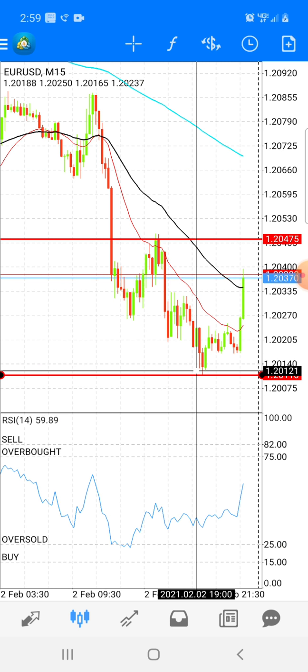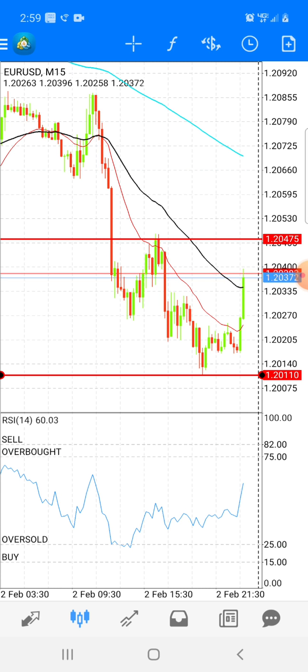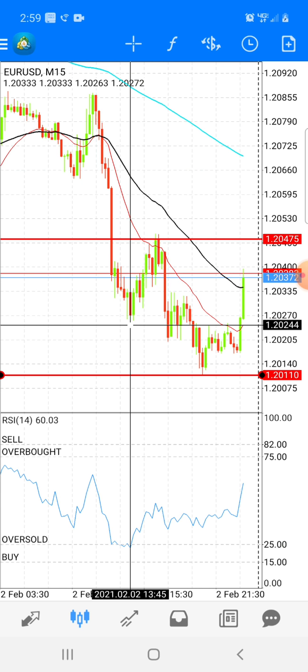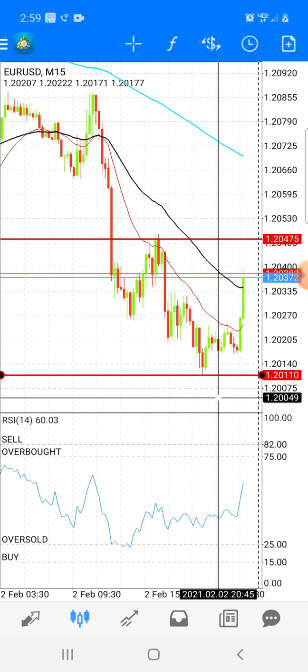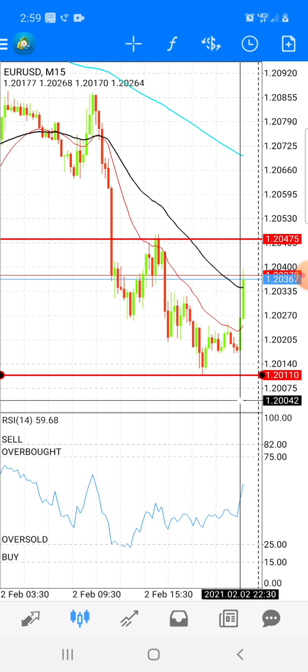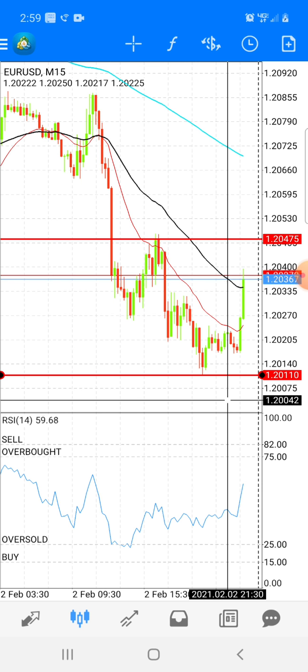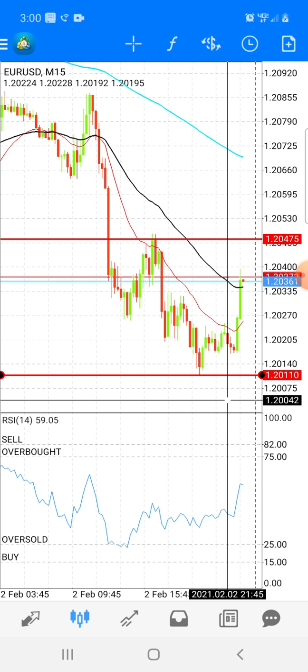Okay, so what I typically do when I am setting a stop loss, which I really don't set a stop loss, I typically set my stop loss so if the support is at 1.2011, I would set a stop loss 5 to 10 pips under the support.